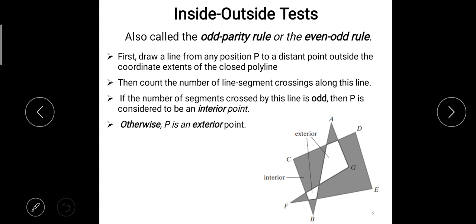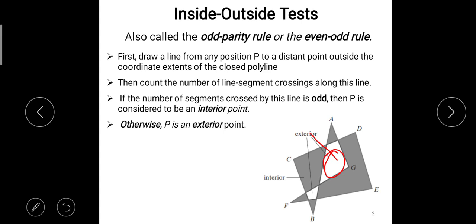It says we first draw a line from any position P to a distant point outside the coordinate extents of the closed polyline. If you look at this diagram, let me consider this as the point P, which is extended outside the coordinate extents till here.